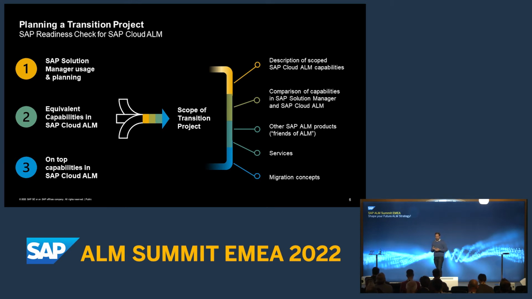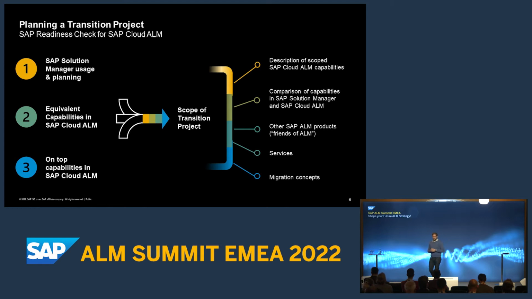We will also link the SAP readiness check to this new portal. We also have what we internally call friends of ALM, because some capabilities might not be directly available in Cloud ALM, but there are other SAP products that are available and cover this capability that is offered in SAP Solution Manager.